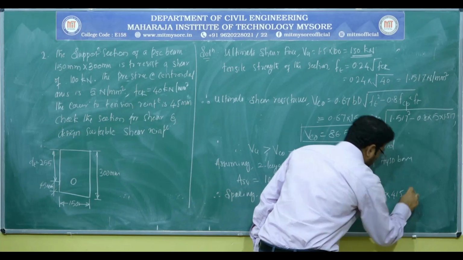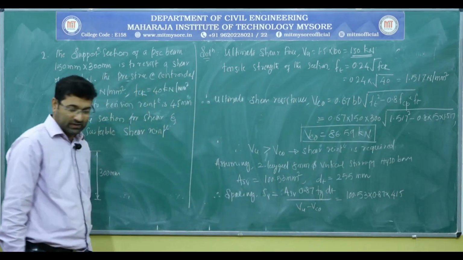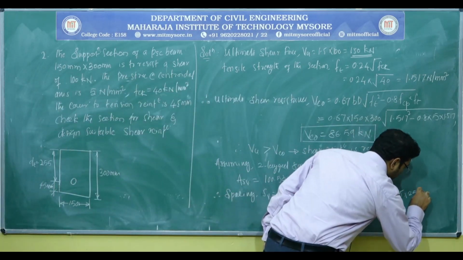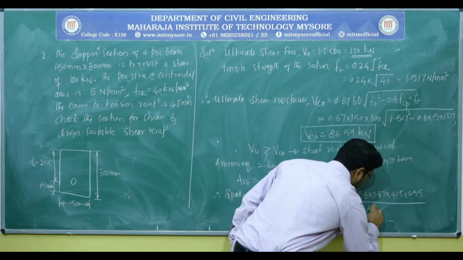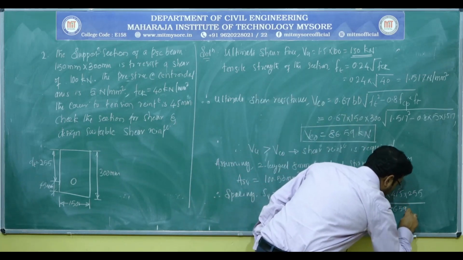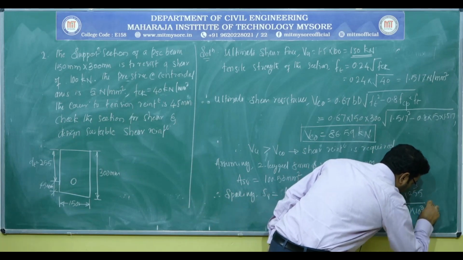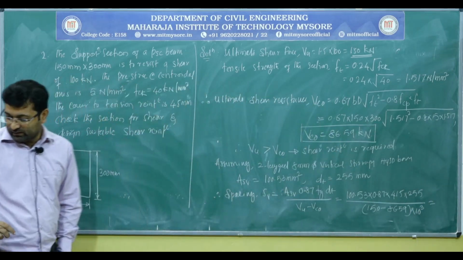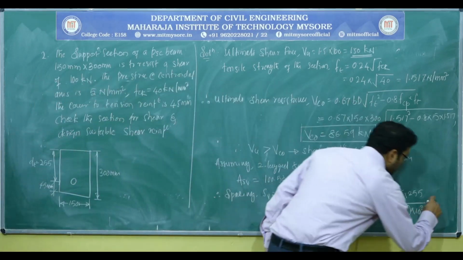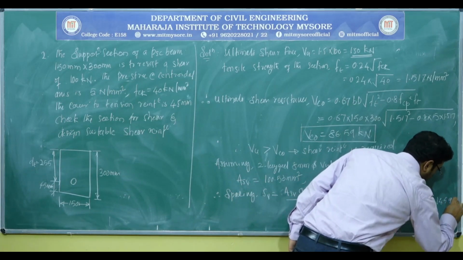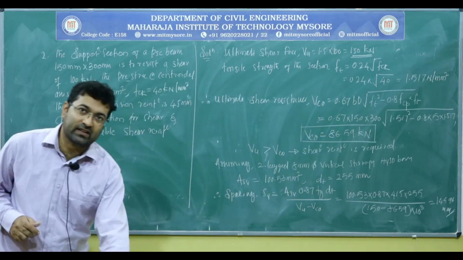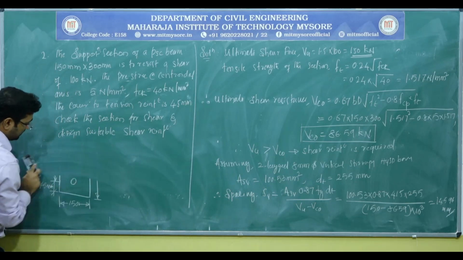So let us assume that 415 is the yield strength of the HYSD bars, into 255 whole divided by 150 minus 86.59 into 10 to the power 3 gives me a value of 145.96 millimeter.